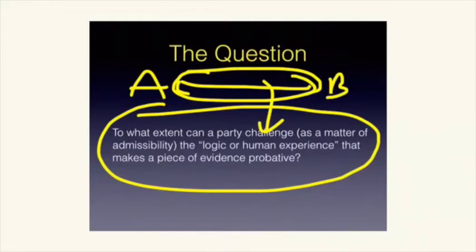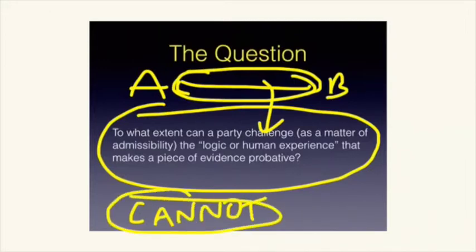To make a long story short, if the party cannot challenge it, and we accept for admissibility purposes that human experience and logic are what they are, and they cannot be challenged, then it becomes harder to challenge the admissibility. That's what this is all about.